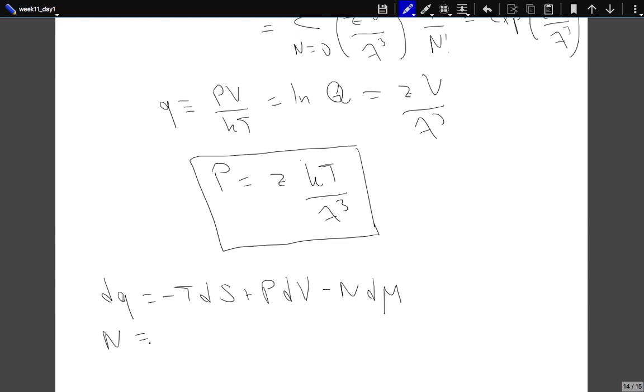So n is minus dQ by d mu, at constant temperature and volume. Sorry, this is not SdT.